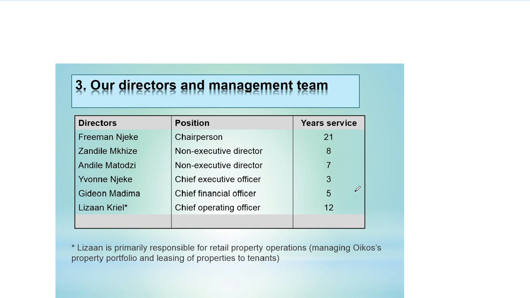In terms of directors, we are given Freeman Njeke, and we know Freeman Njeke is the founder of the company, and we're told that Freeman is the chairperson of the company. As we see, Freeman Njeke, as the founder of the company, lacks independence. For that reason, it is not correct according to the recommendation of King 4, right?